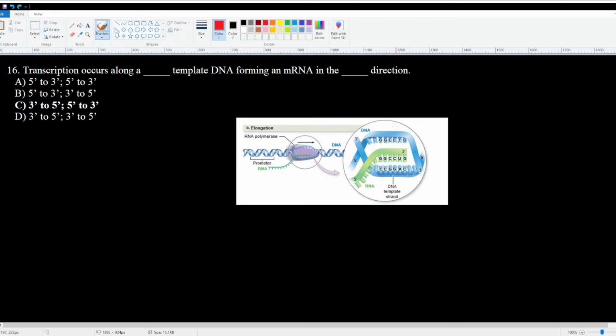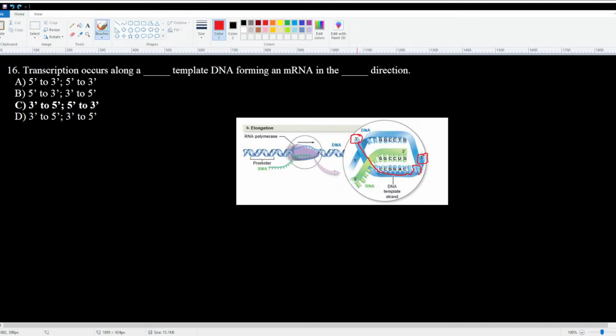Anyway, look at what's going on here. We have the 3 prime end and the 5 prime end, and we're moving this way. But look at which direction the mRNA is moving. Here we're going outwards, or at least it looks like we are.